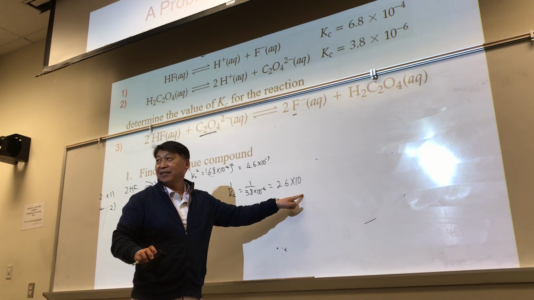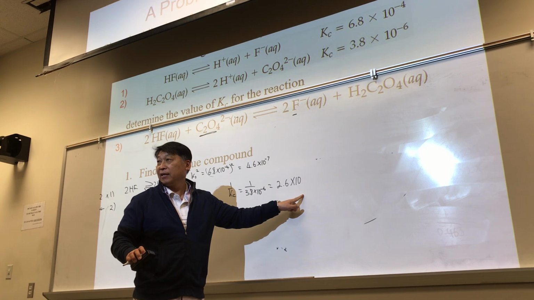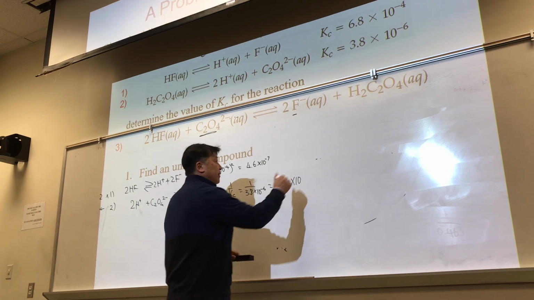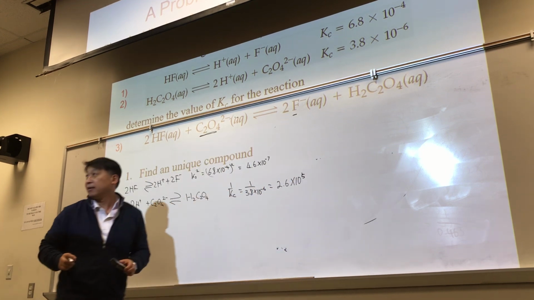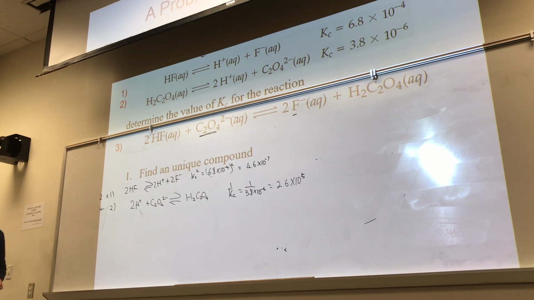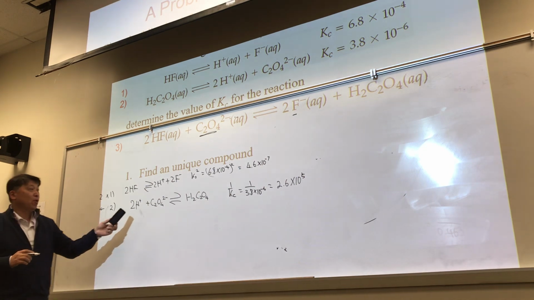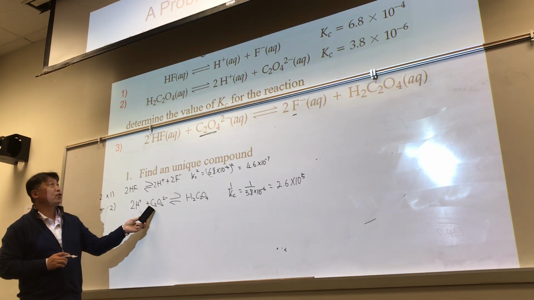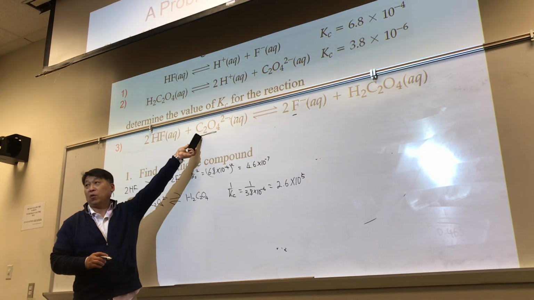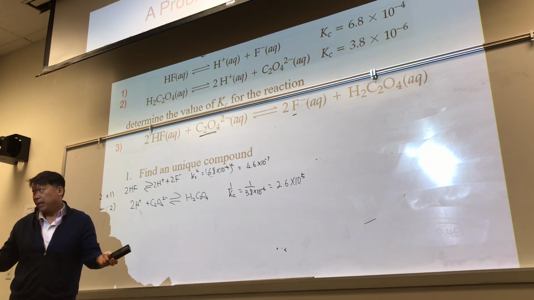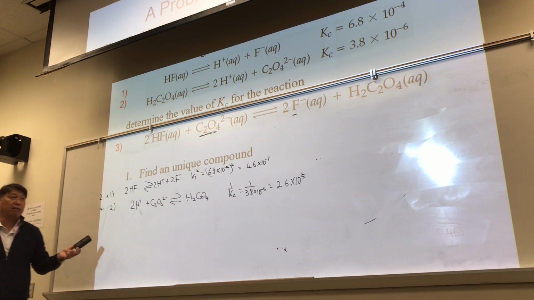And times 10 to what? Is that right? I think so. Okay. Now, how many moles of C2O4 do you have? 1 mole. So I don't have to multiply. Do you see that? Okay. I got 2.6.